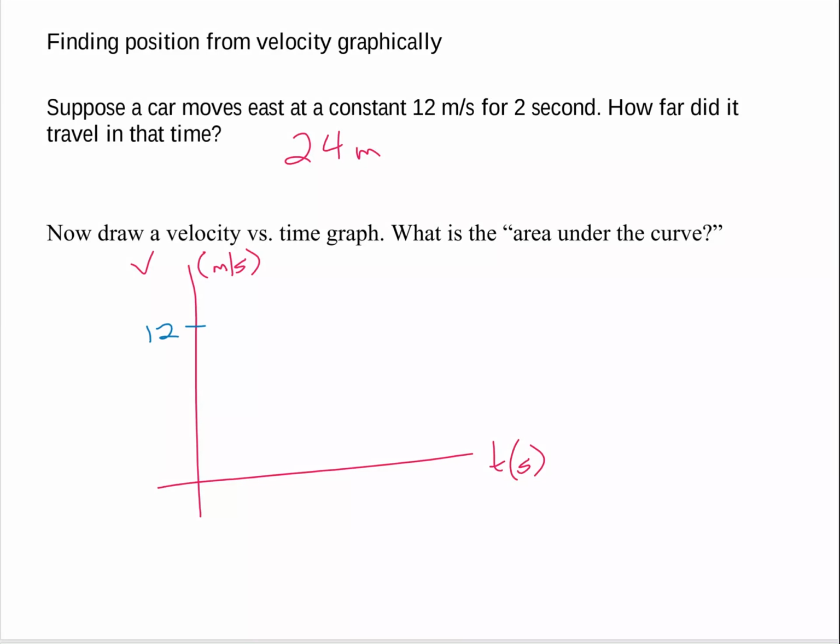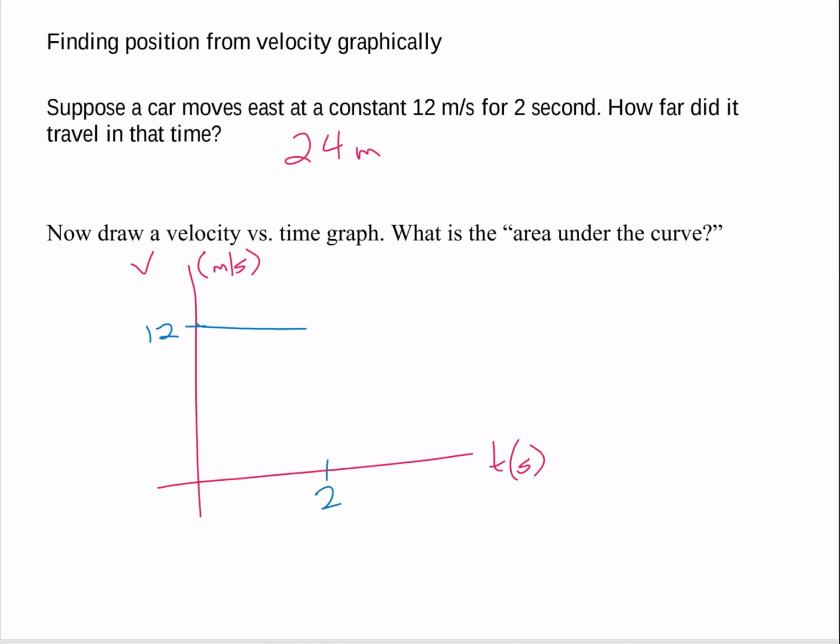And we did that for 2 seconds, so I'll put 2 seconds right here. That looks good. Now what does a constant speed of 12 meters per second look like on my graph? How do I draw that? Horizontal, yeah, straight.